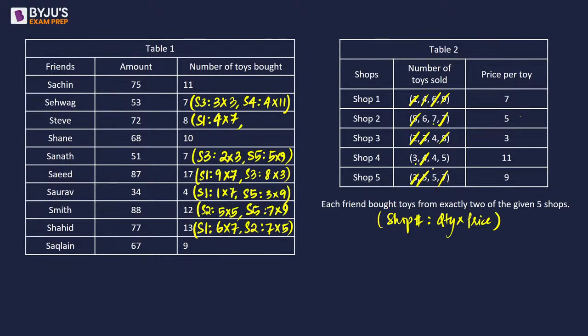Then he goes to shop number 4 and he buys 4 items worth 11 rupees each. Okay. Once 8 is done, let's look at 9. How can we make a 9? We can make 6-3 or 4-5. Zyada cases ho rahe hain. Let's look at 11. How can we make an 11? 11 we can make is using 7-4 and 6-5.